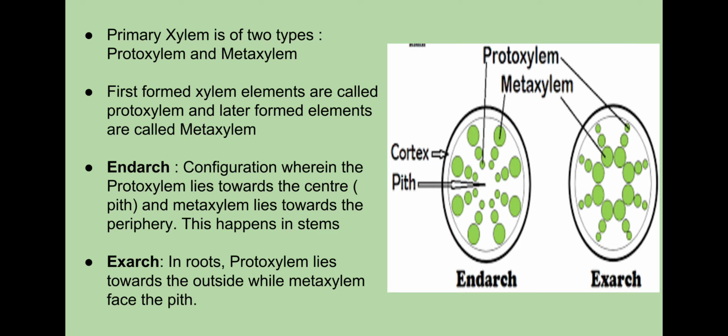This happens in stems. Now in exarch, however, the protoxylem or the newly formed elements lie towards the outside, where the metaxylem faces the pith. So this is the configuration which occurs in roots.